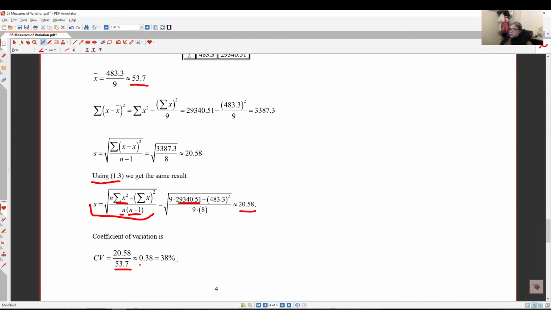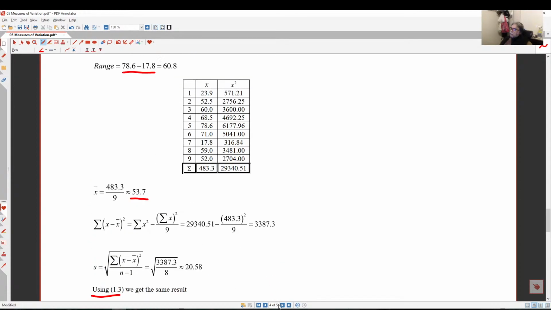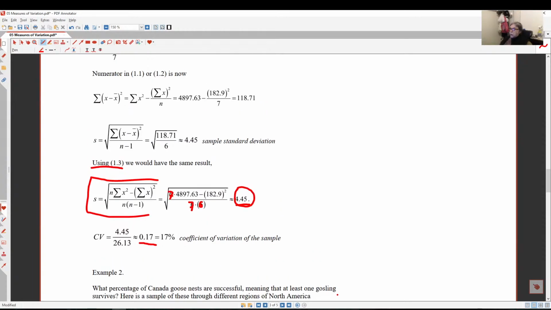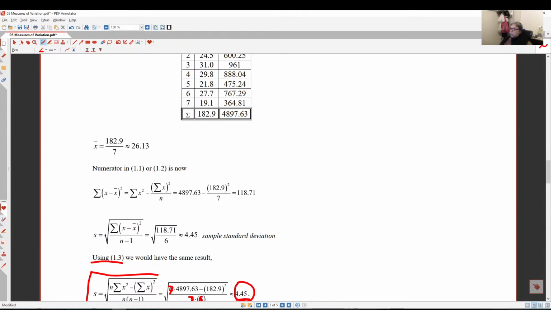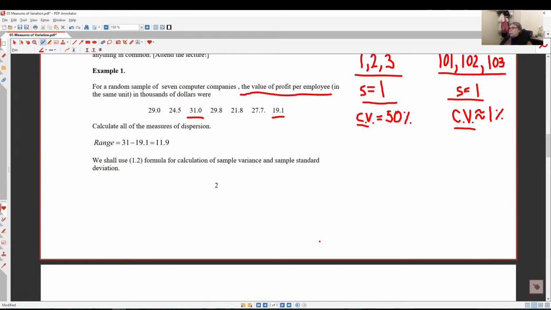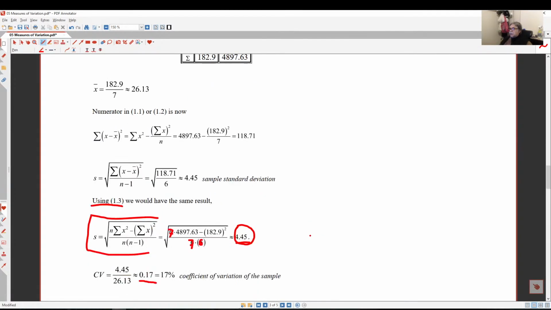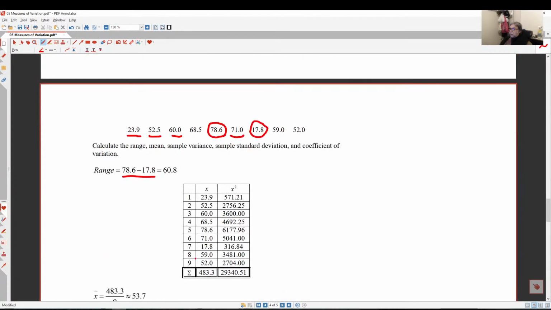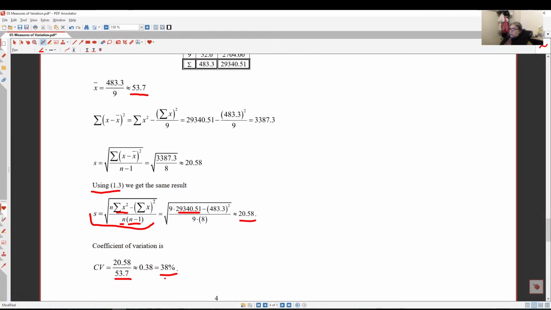When you divide these two numbers, you get 38.38 or 38%. Now, when you compare these two examples we calculated, the variation of profit per employee in the 7 computer company sample was 17%, while for the Canada geese, we get 38%, more than double.